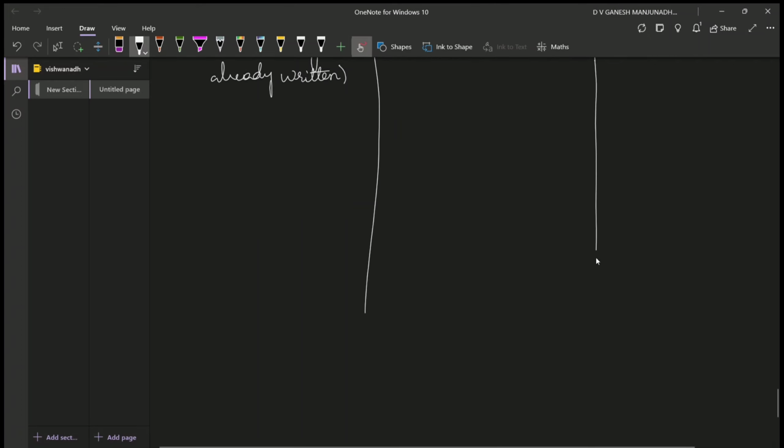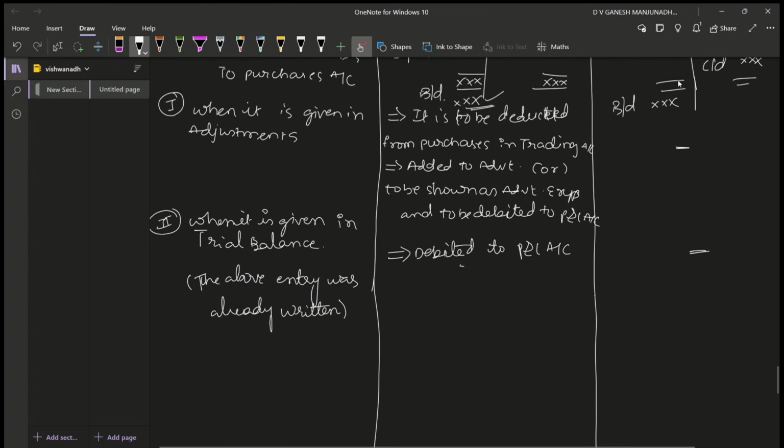So this is the adjustment of goods distributed as free samples. This is the 10th adjustment which we have done.